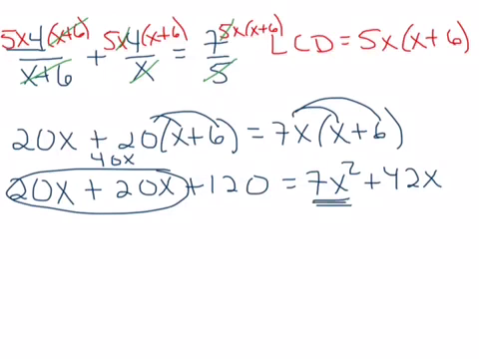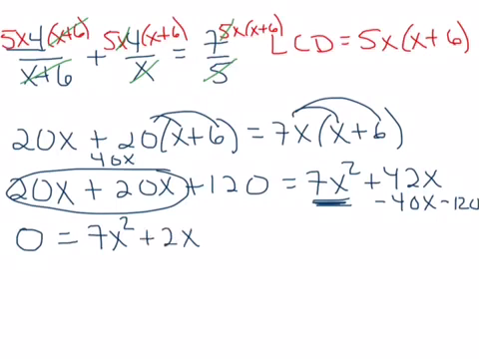I like the 7x squared as a positive x squared term, so I'd like to subtract the 40x and the 120 from both sides, leaving us with a 0 on the left and 7x squared plus 2x minus 120 on the right.